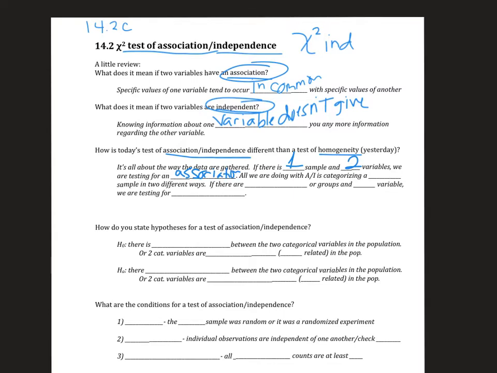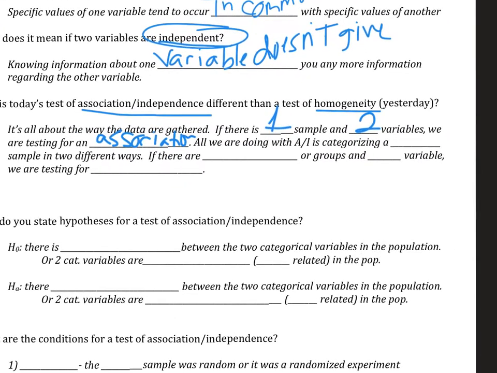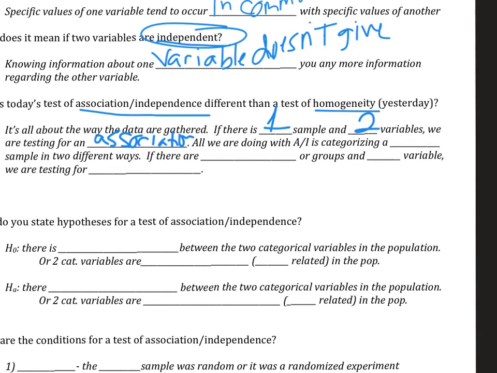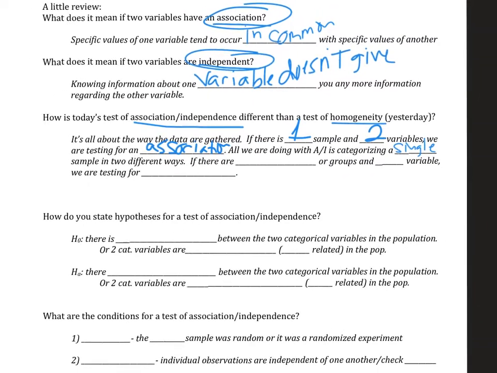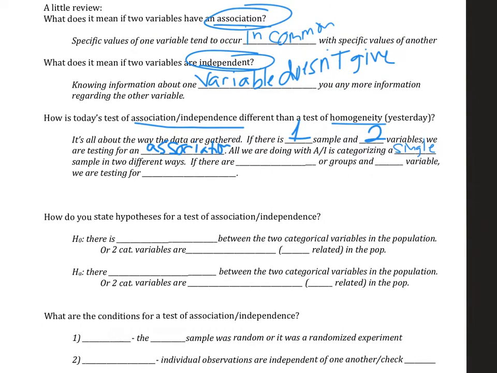All we are doing with association independence is categorizing a single sample in two different ways. Now, if there are two or more samples or groups, and one variable, we are testing for homogeneity.